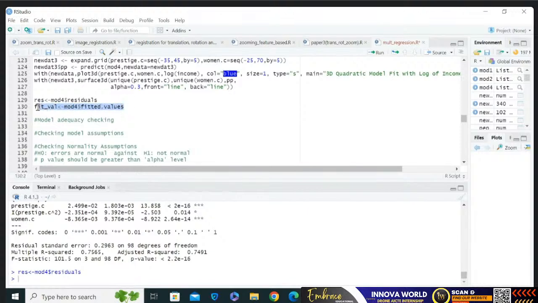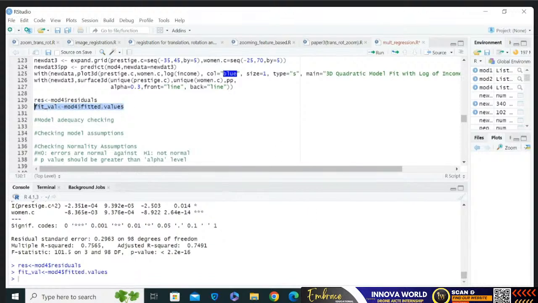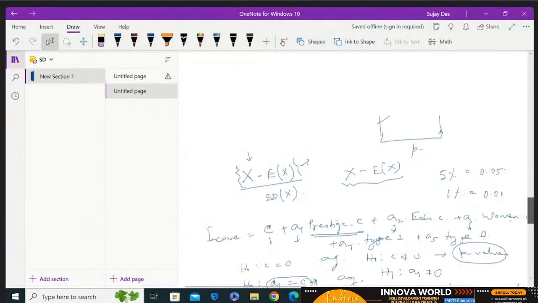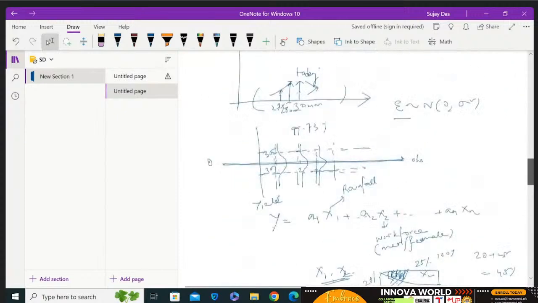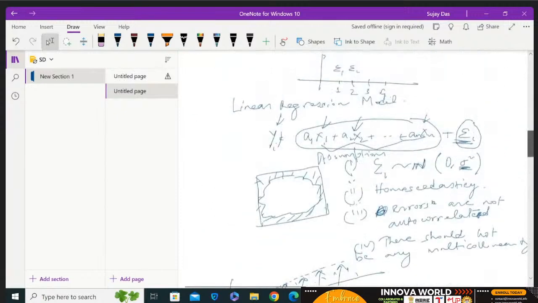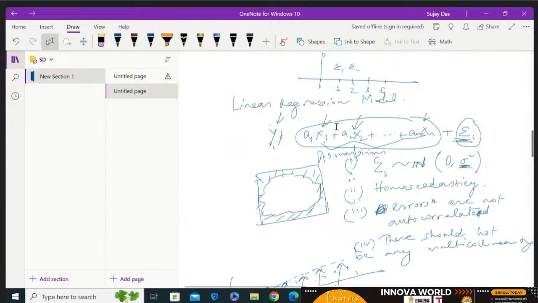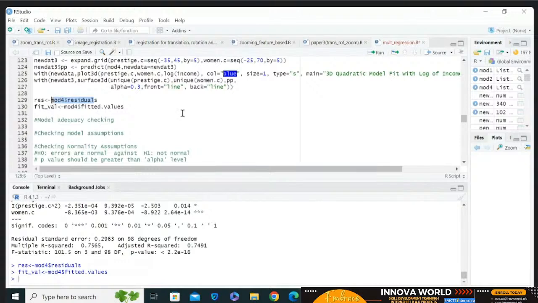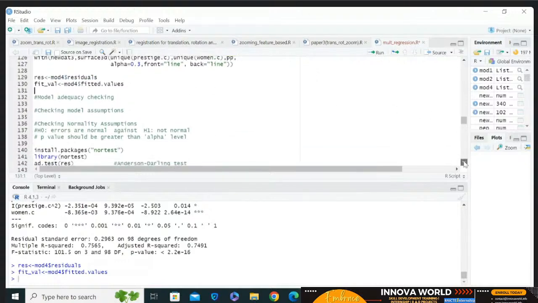This fit val is giving us this part, and this part is the residual. So this is the explained part, explained by the model, and this is the part that is not being explained by the model. Okay, so this is the residual and this is the fitted value.